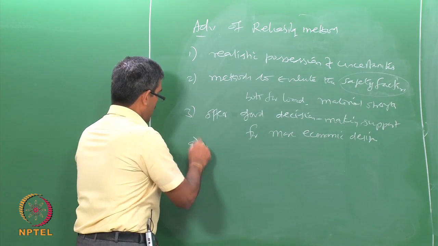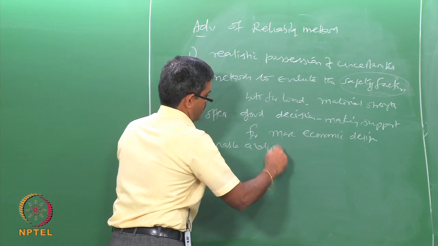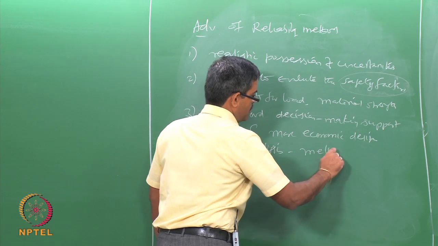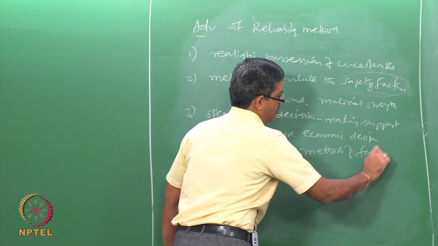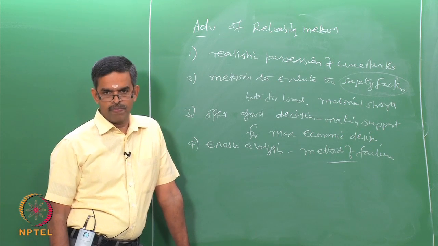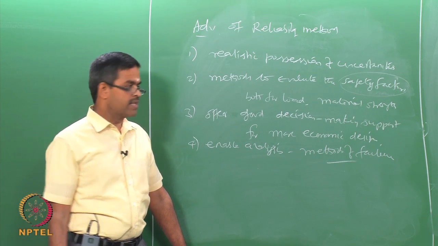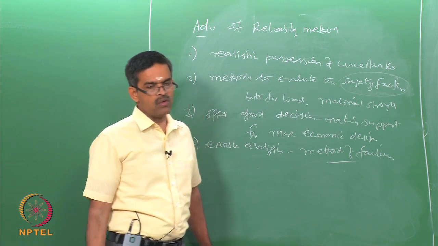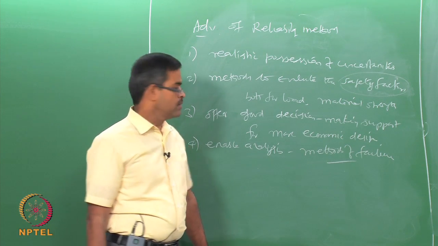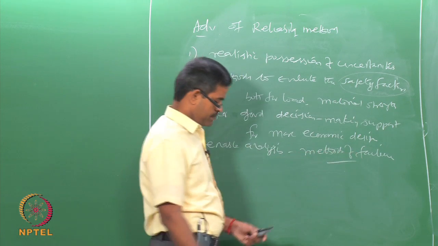They also enable analysis using different methods of failure. That is a very important part in reliability analysis. You can assume a failure state and check whether the member is crossing the failure state or within the limit state of safety. So, you can analyze the system for different methods of failure.